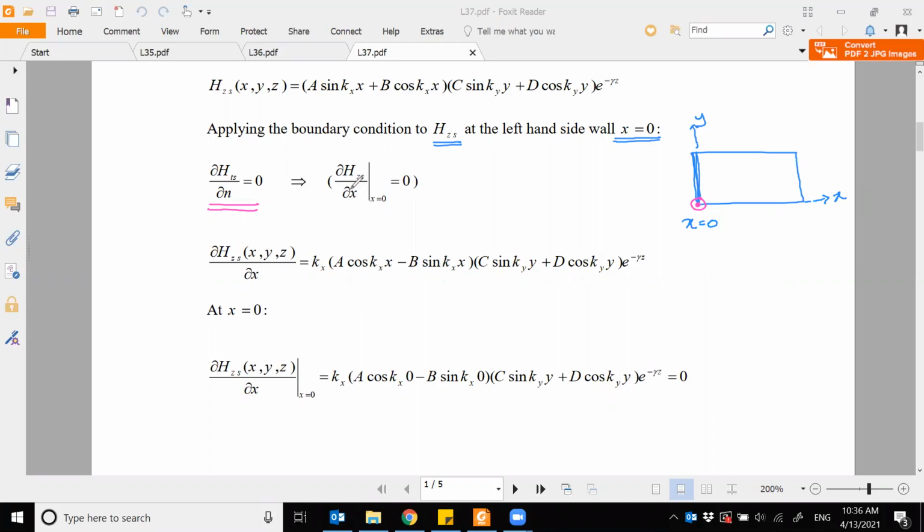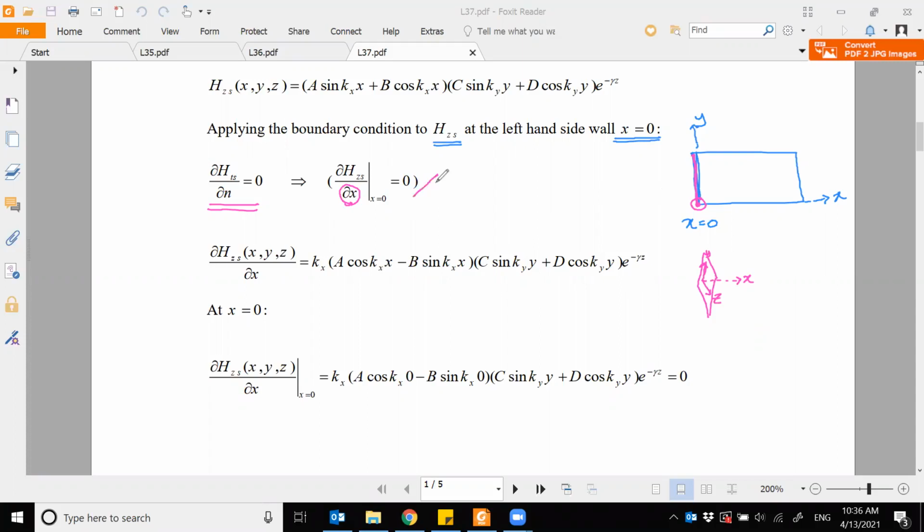And along which normal space variable? X. Because see, this is the boundary. In 3D, it is like this, and my HZ is like this. This is my Y, X is our normal, and this is my Z. So I substitute n with my normal space variable X, and the tangential variable is HZS.